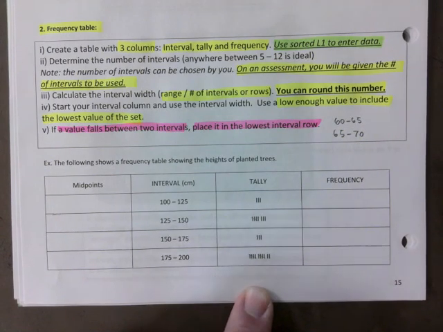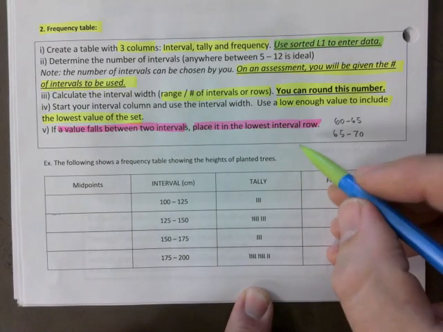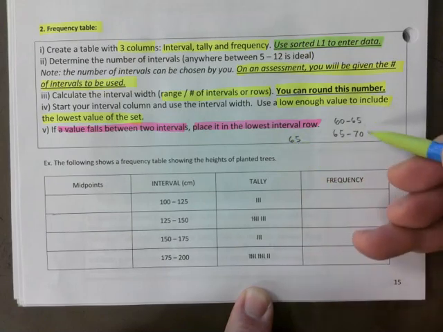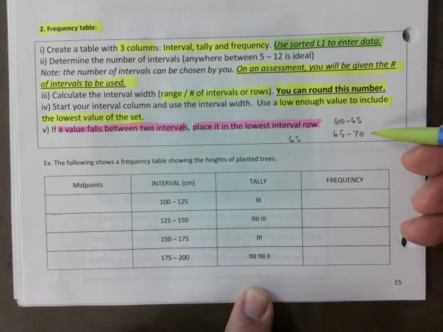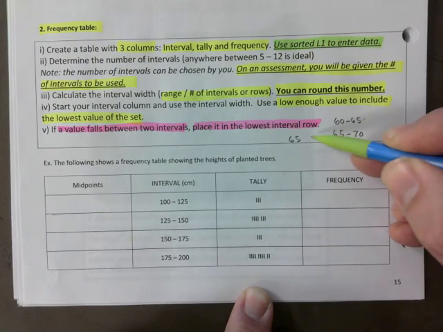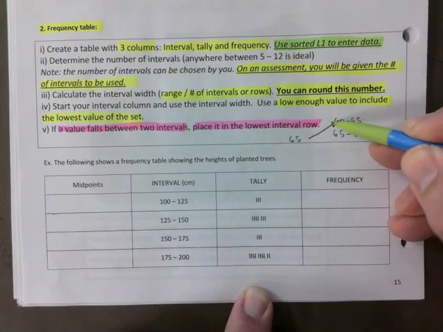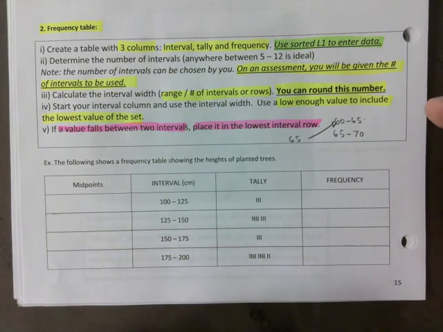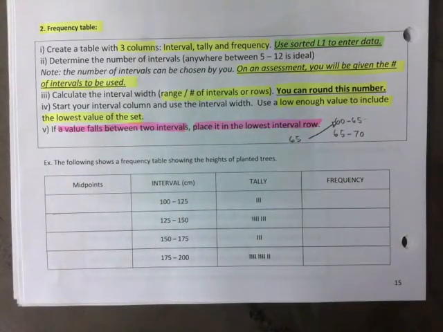Okay, so that's just zooming in. If you have 65 as one of the values you're trying to put into this table, you're going to pick the lowest, okay? It's going to go into the lowest bracket, not the highest, okay? So that's something to remember. All right.